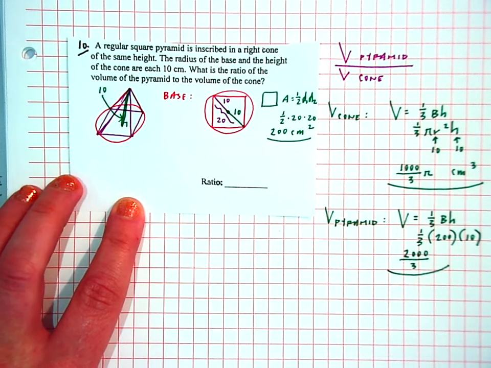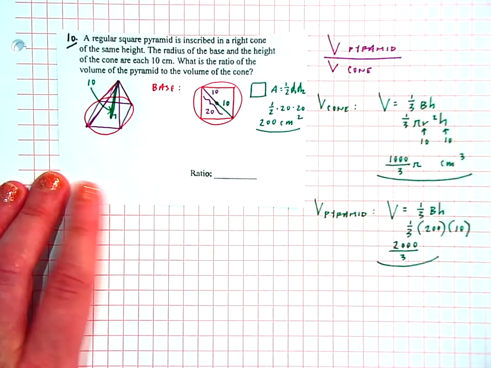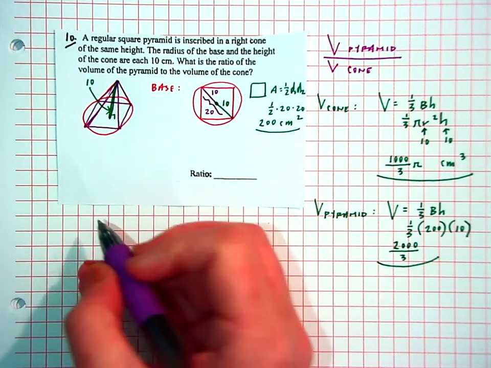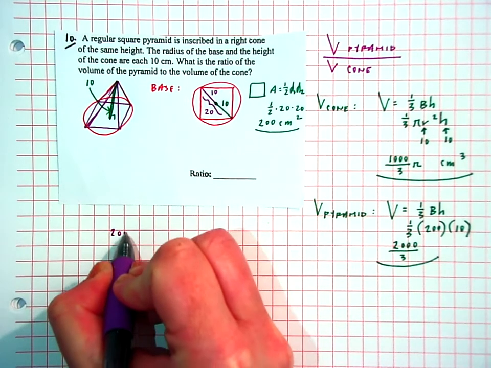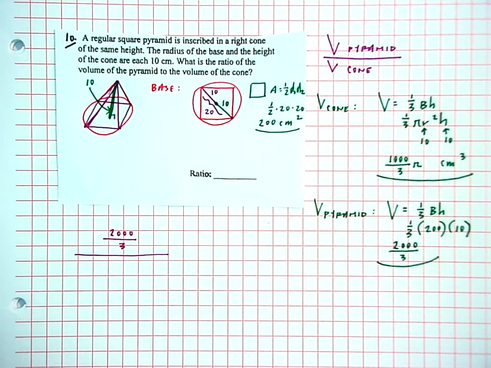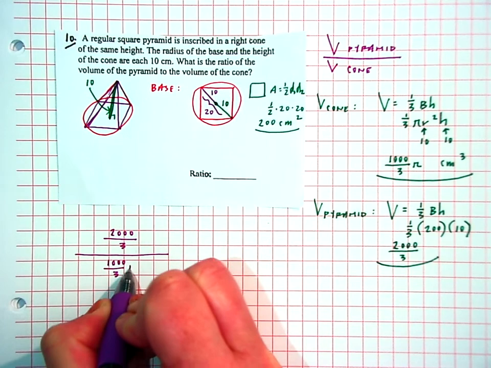That's the volume of my pyramid. So I have the two pieces that I need. Now I just need to figure out how to write that as a ratio. Pyramid to cone. My pyramid is 2,000 over 3 over the cone, 1,000 over 3, and then the pi.